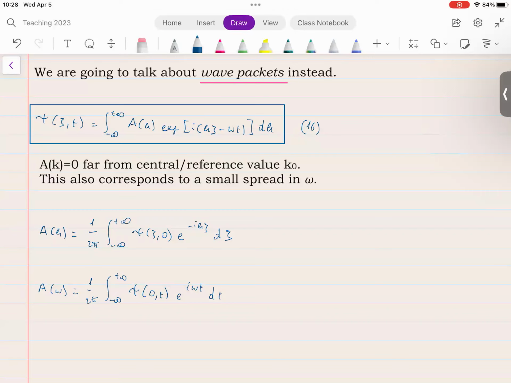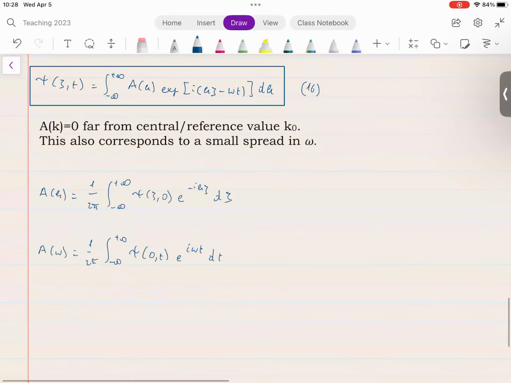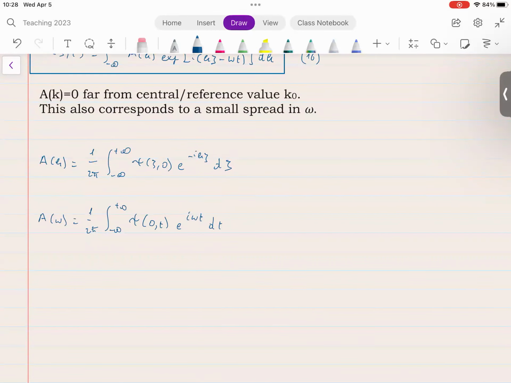Now, we're going to assume that this function in the first expression is 0 if k is far from k0.